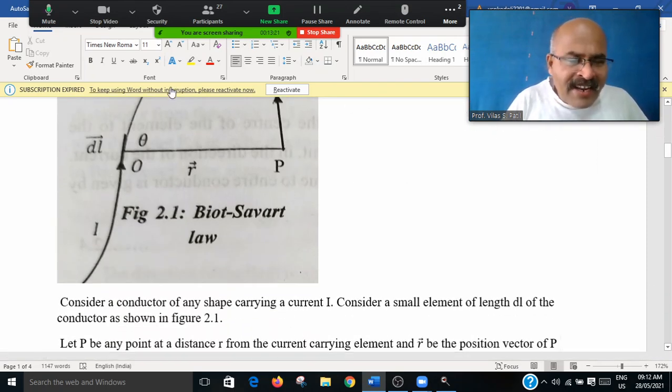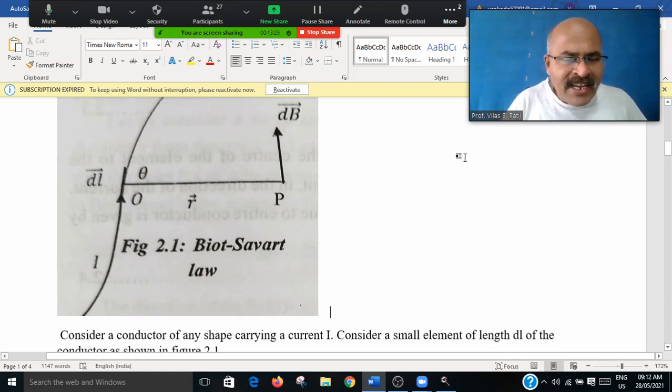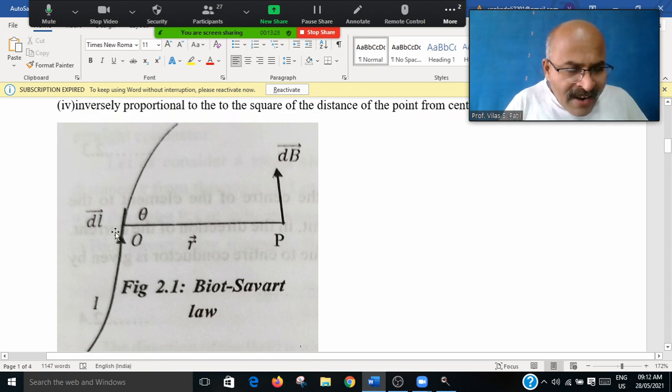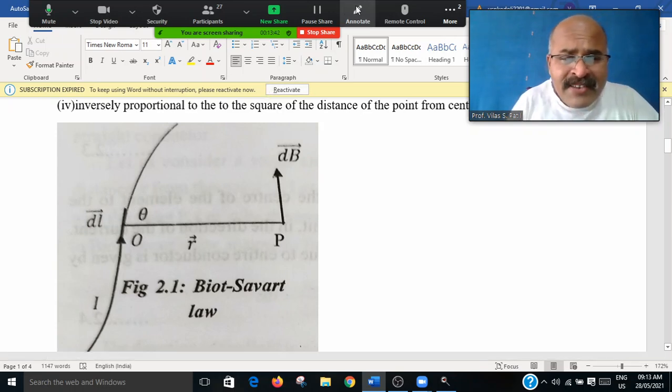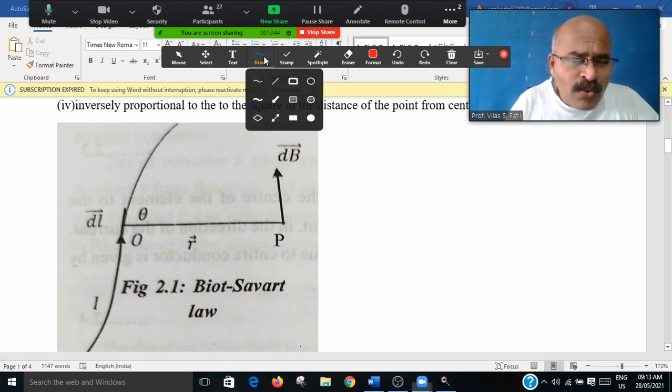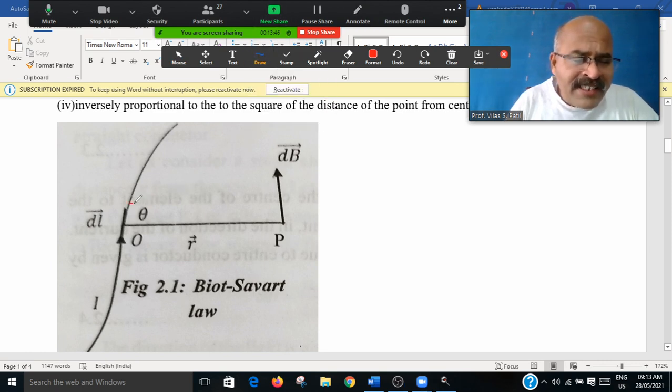This is the current carrying conductor, the conductor which carries the current I. It is divided into small elements of length dl. Consider one element of length dl. This is the center of the element, O. This is the point P, which is at a distance r, and this is the angle theta. Angle theta means, as I show with the annotation, this is the angle theta.